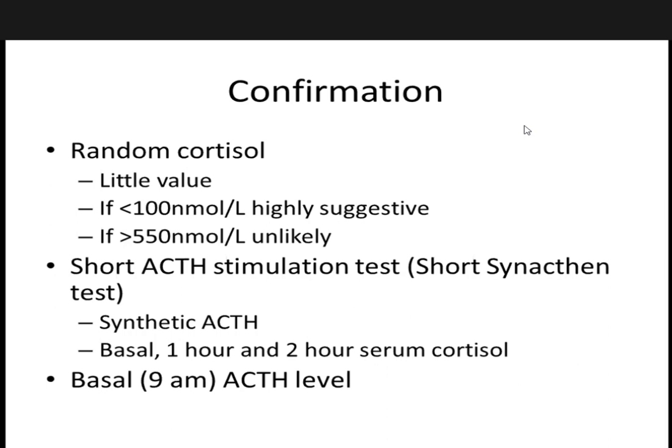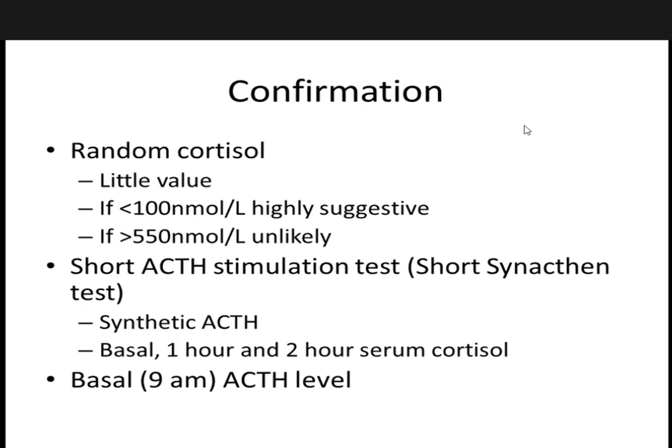So basically, there is little value for random cortisol. Confirmation is done with the short ACTH stimulation test, right? You check the basal ACTH level plus basal serum cortisol, and then you administer synthetic ACTH. You check serum cortisol 1 hour after and 2 hours after, right?